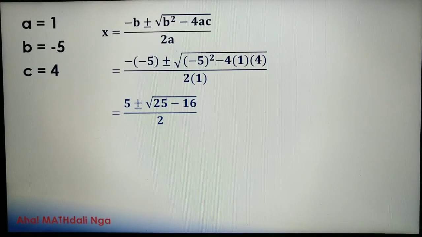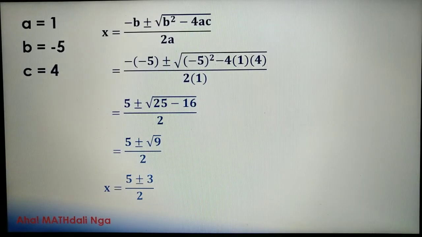Let's continue. We have positive 5 plus or minus square root of 9, because 25 minus 16 is equal to 9, all over 2. Next, our x is equal to positive 5 plus or minus 3, because the square root of 9 is equal to 3, all over 2.